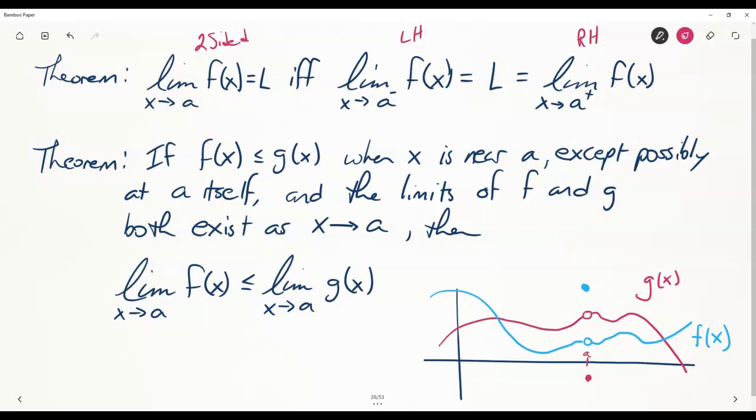But I do know that the limit of f of x has to be less than or equal to the limit of g of x. The limit of f of x would be right about here, and the limit of g of x would be right about here. And on the y scale, we do have that the limit as x approaches a of f of x is less than or equal to the limit as x approaches a of g of x.